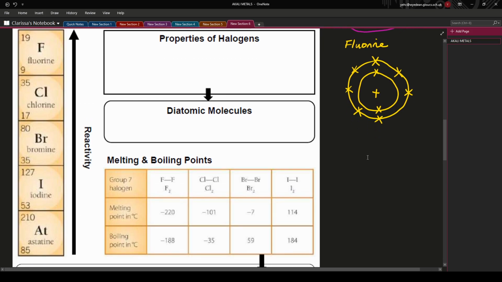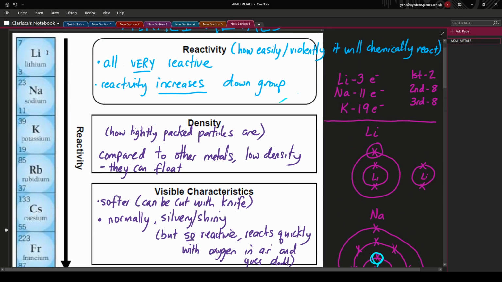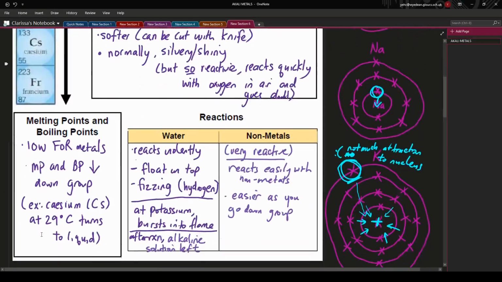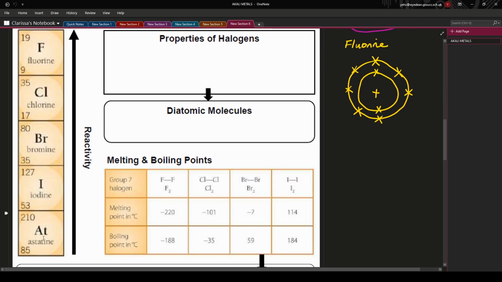And before we talk about the properties, I want you to notice how the reactivity, the arrow, is going in the opposite direction to what it was with the alkali metals. So with alkali metals, the reactivity increases as you go down the group, but the halogens are the exact opposite. The reactivity increases as you go up the group.